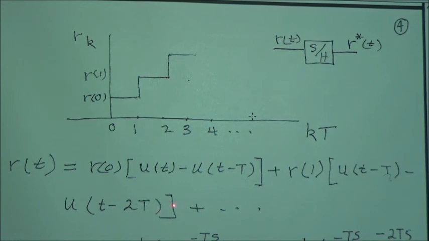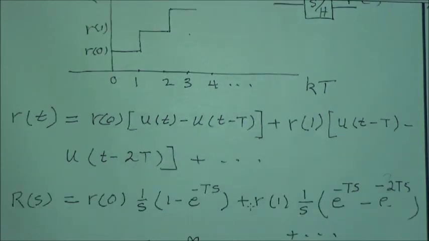So that's what it is. As you can see, I can just keep going with this staircase. For every sample, I have two terms, U of t minus T, U of t minus 2T. Next one, U of t minus 2T minus U of t minus 3T, and so forth and so on.